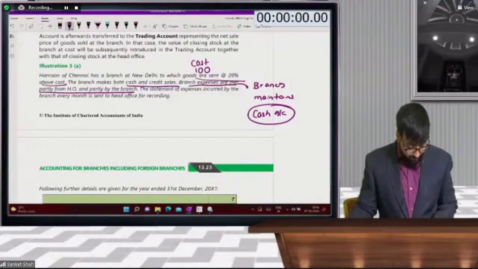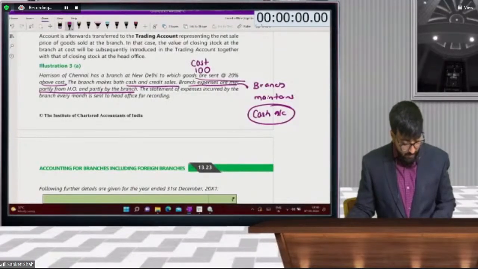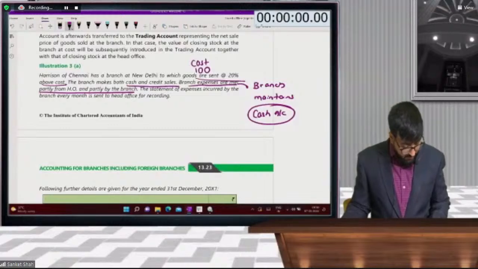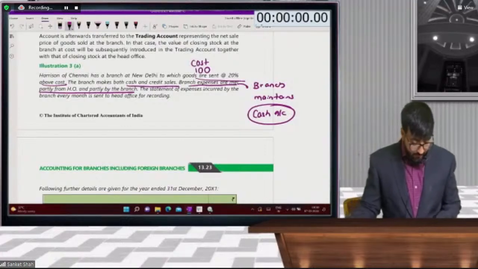Yes. Cash account has to be opened. Very good. Very good. Who answered very fast? Swati. NRO's Swati.